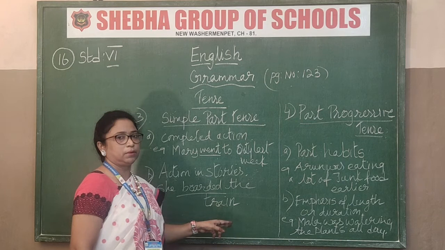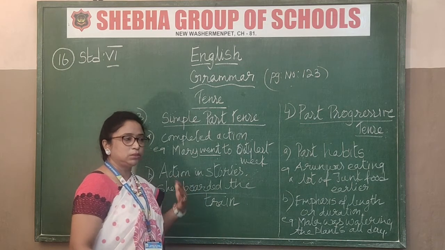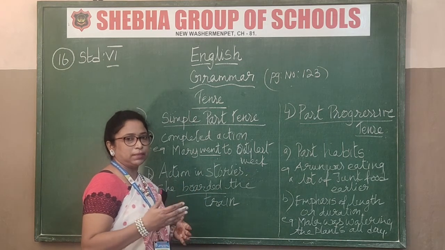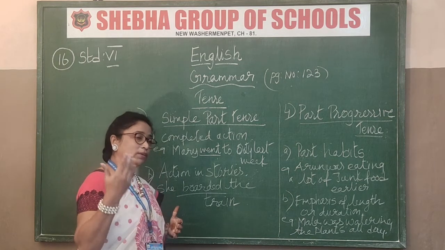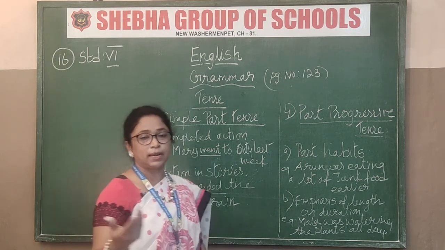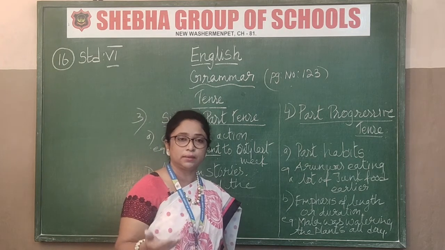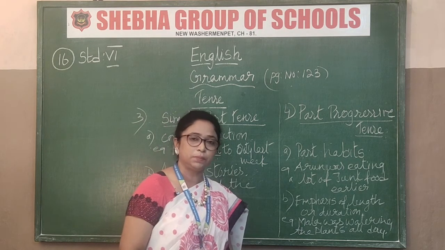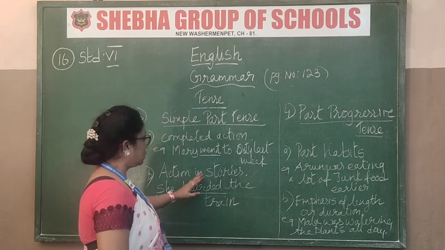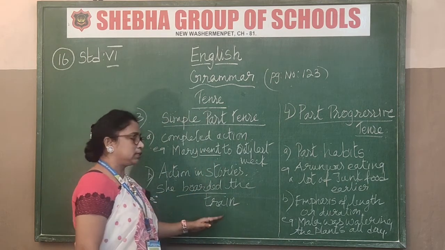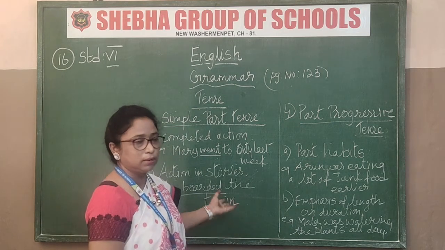Boarded is in the past tense. In stories there is a lot of dialogue and a lot of past tense. Later in your higher classes you will learn direct speech and indirect speech. Got that now? So this is action in stories. She boarded the train and looked for her friends. Got that now? Boarded.